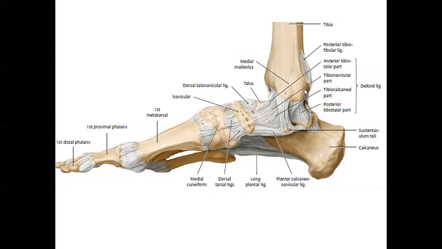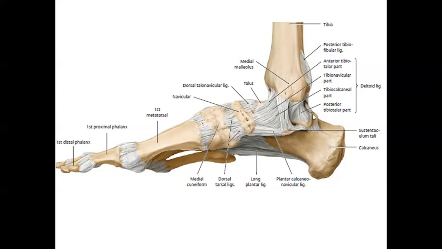A part that goes from the tibia to the navicular bone is known as the tibio-navicular part. Then a part that is attached to the sustentaculum tali is known as the tibio-calcaneal part.